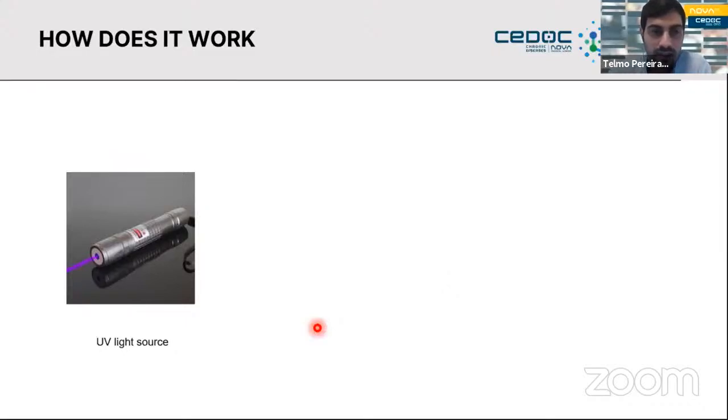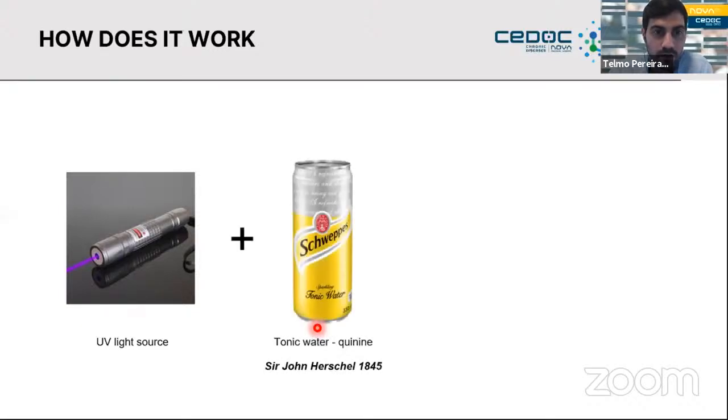So simulating one of the first observations of fluorescence by Sir John Herschel in the year of 1845, I will show you what happens when you use a UV light source and you illuminate the quinine molecule. So the quinine molecule, you must know it by heart. It's contained in tonic water.